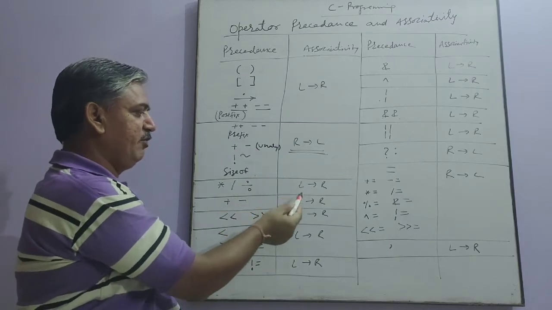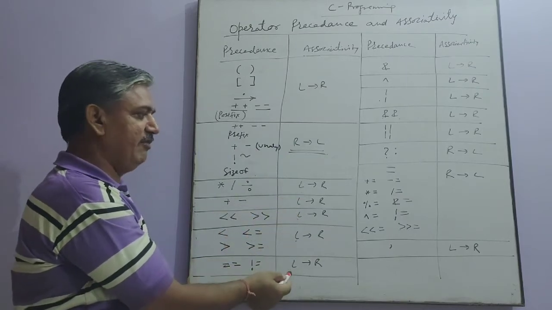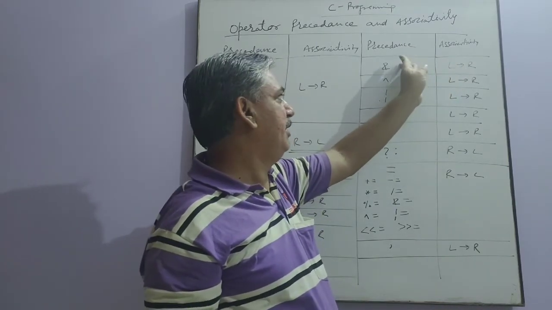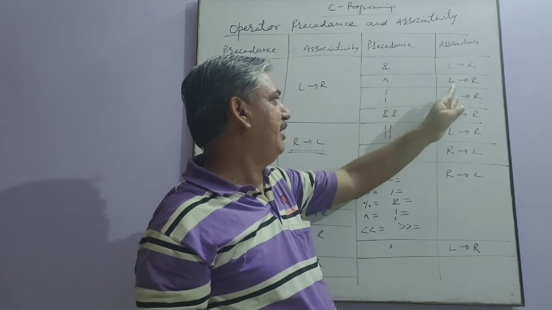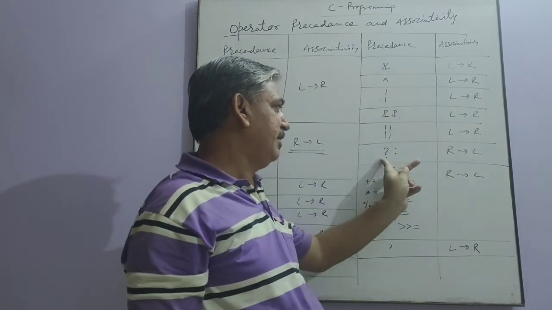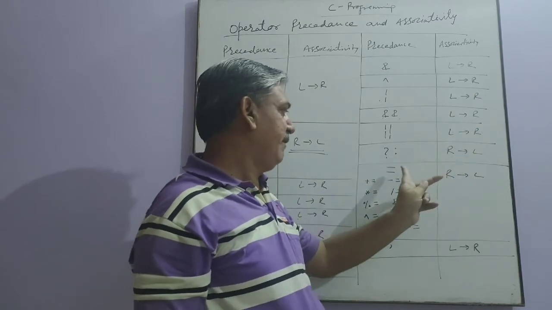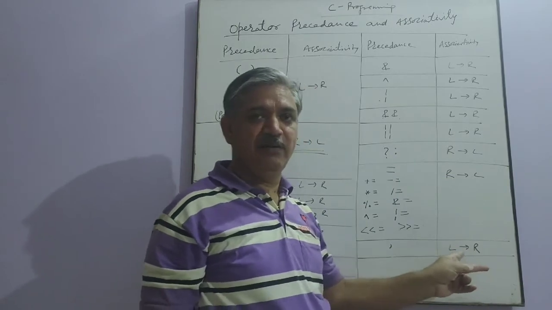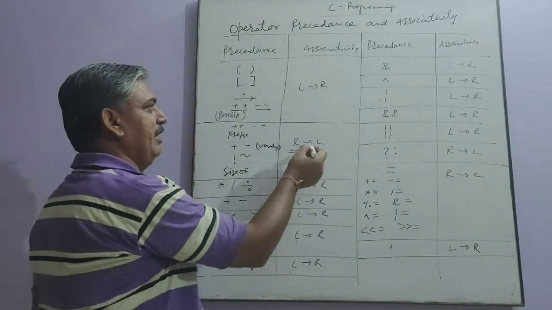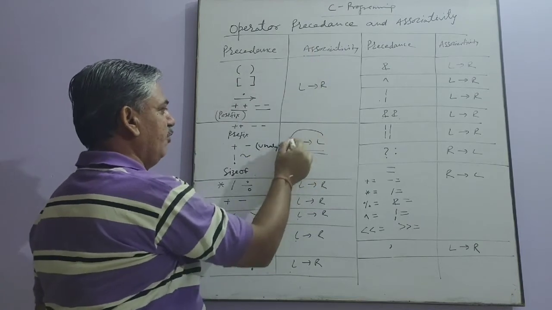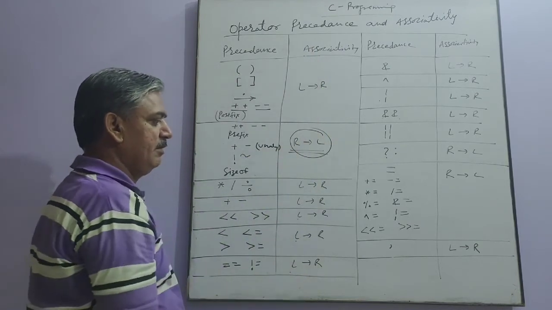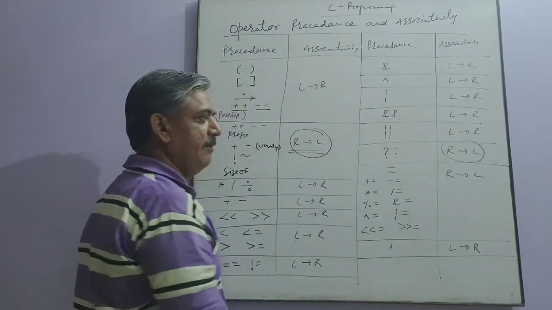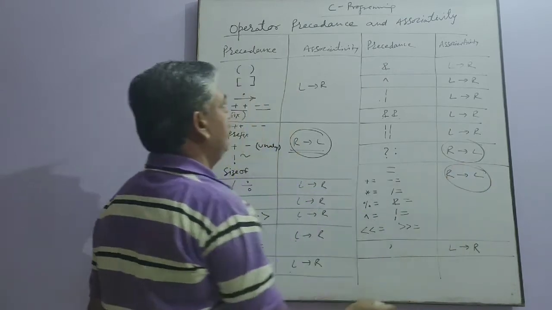Then left to right, left to right, left to right, left to right, left to right. Logical, bitwise and so on, left to right. This conditional is right to left. Assignment is right to left, and comma is left to right. Clear? Right to left associativity is for unary operators, then ternary and assignment.